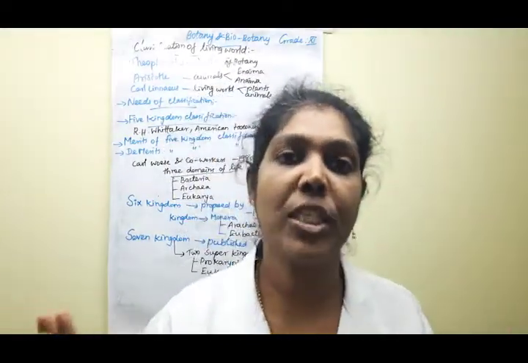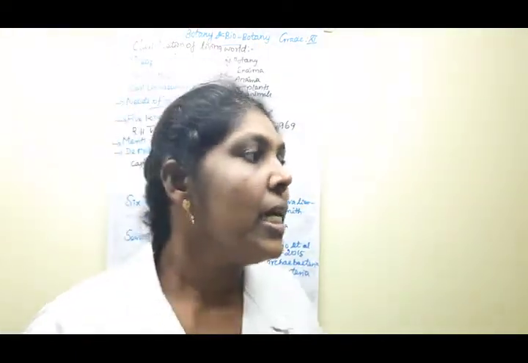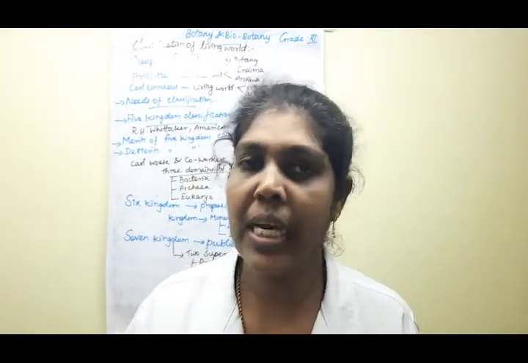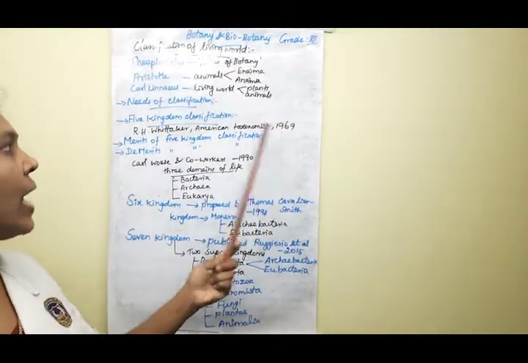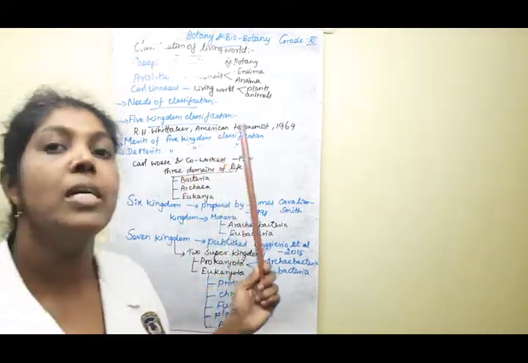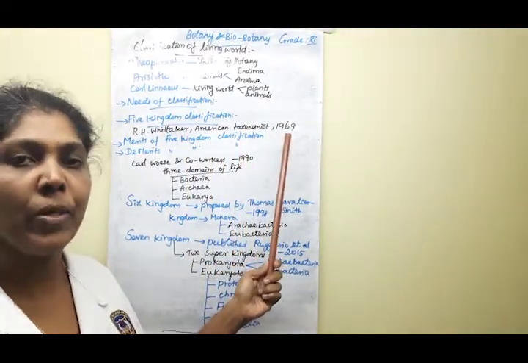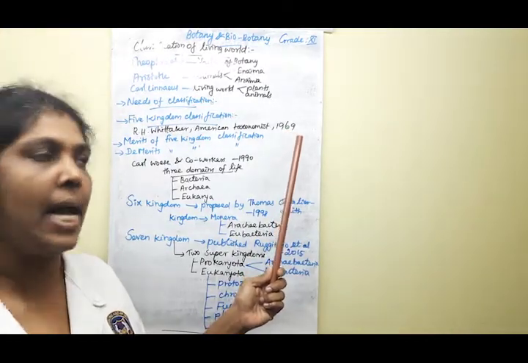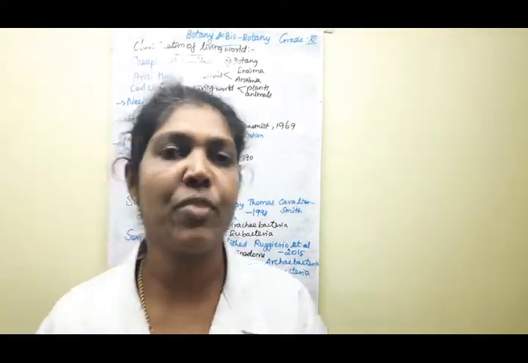We are going to learn the five kingdom system of classification in detail. This system was proposed by R.H. Whittaker, an American taxonomist, in the year 1969. Clear, children?